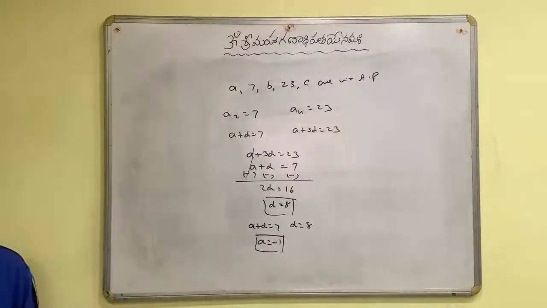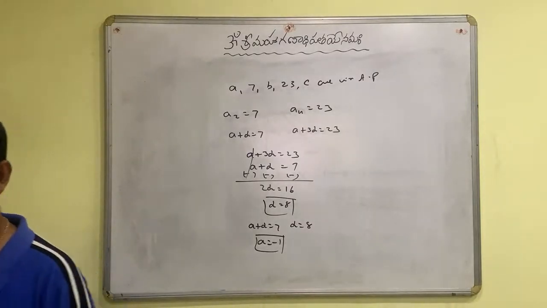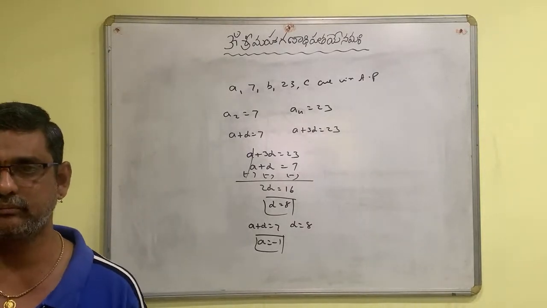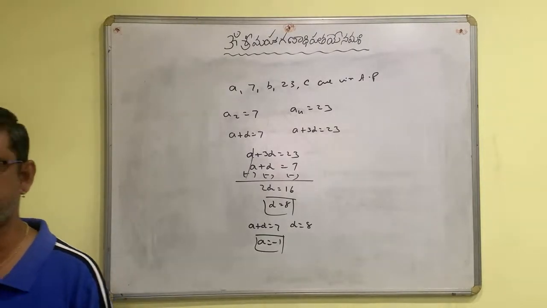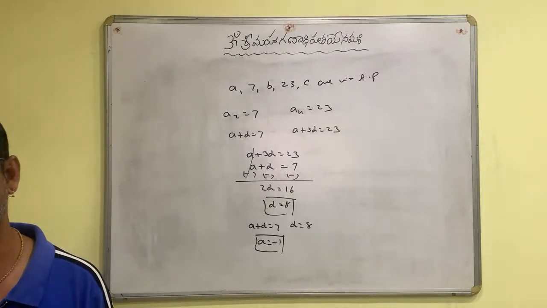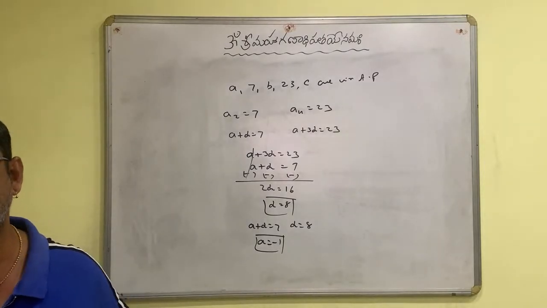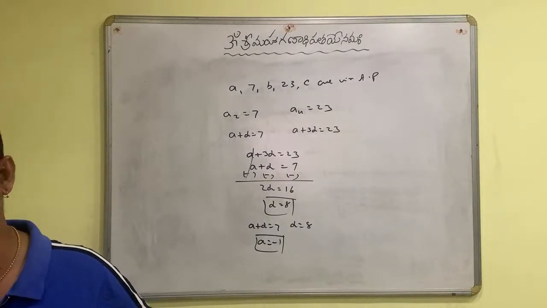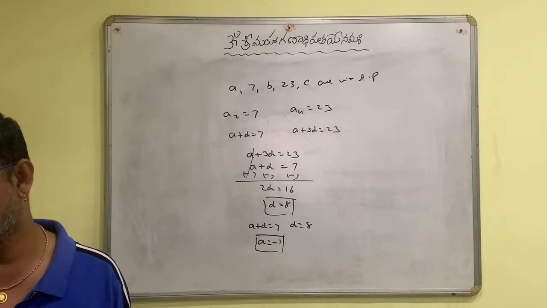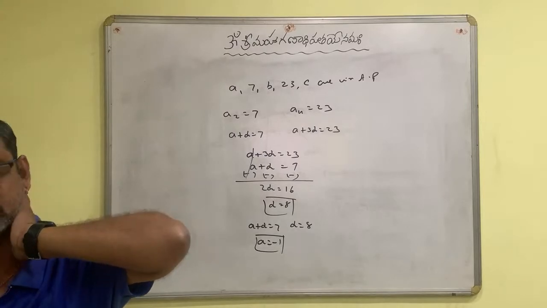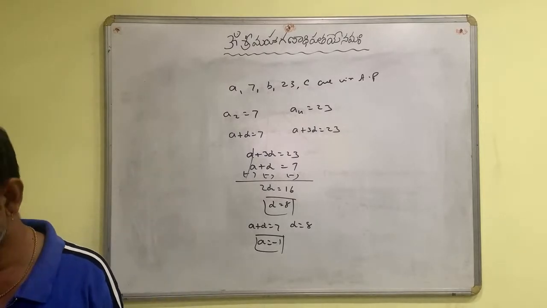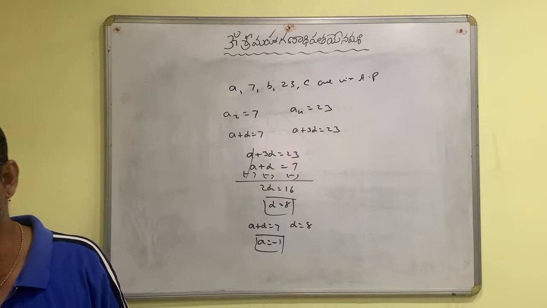A is negative 1. Now you tell me, what are A, B, C, children? A is negative 1. Find out B and C. What is B and what is C?